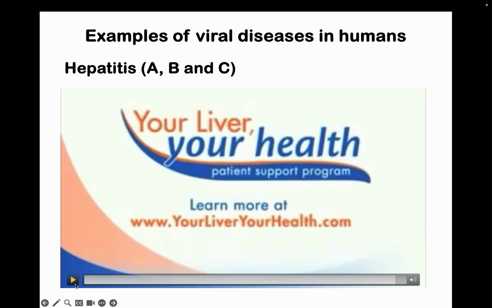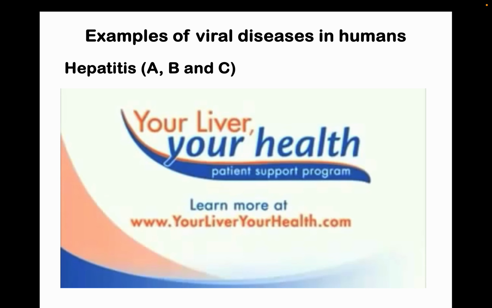Okay, so this video summarizes general concepts about hepatitis as an infection caused by the hepatitis virus. Going back to the causative agent, there are 5 main strains of hepatitis virus.